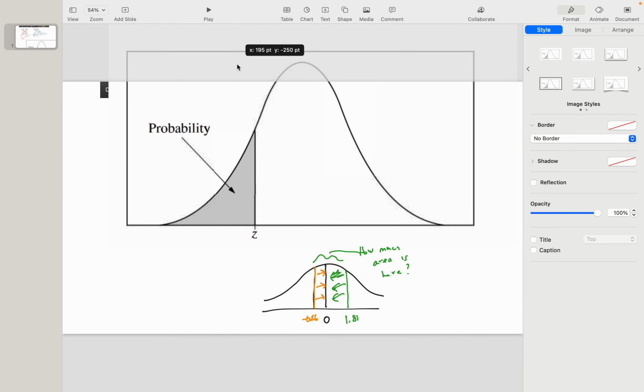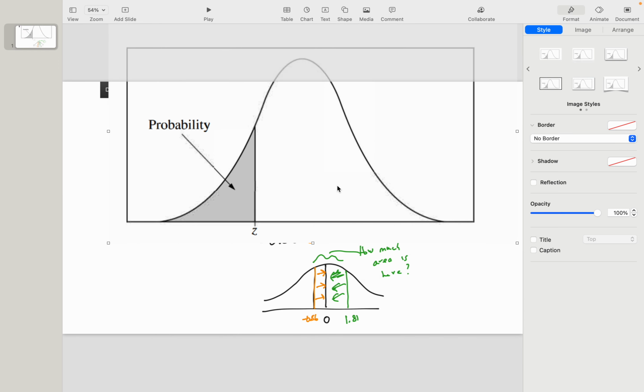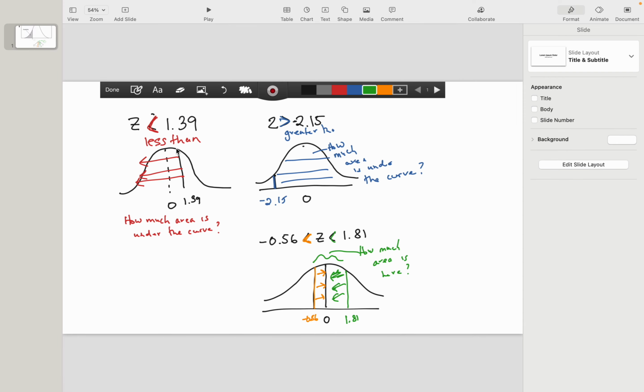And then on the last one, if I look up 1.81 on the table, it's going to give me all of this area, this area and this area, because it's giving me left of the curve. And if I subtract out what's left of this piece, then I'm going to have that. So the procedure is to find this bigger area under the curve and subtract out this smaller area of the curve. So we're going to see how we can do that.